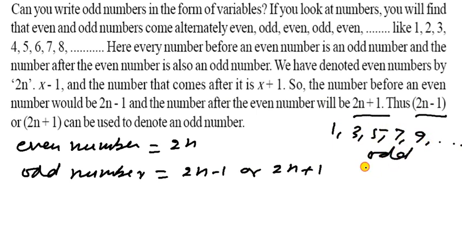So an odd number is not x minus 1 or x plus 1, but 2n plus 1 or 2n minus 1. So you can write the odd number like this.